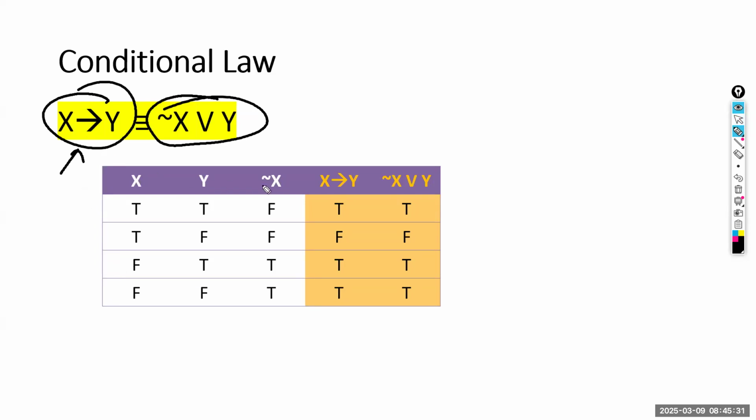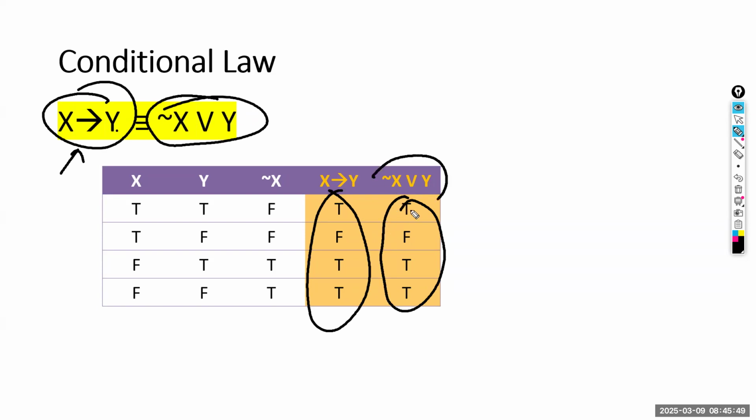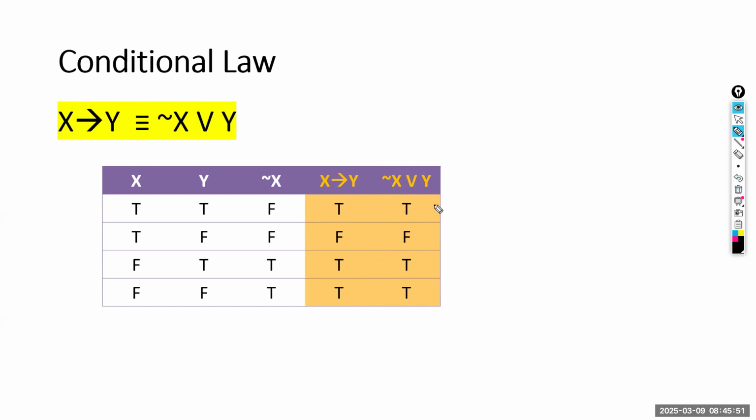If you assume the truth table for X implies Y is this, you will find that the same truth table is there for not X or Y. If you create the truth table for not X or Y, you will get the exact same truth values. So we can say that these two statements are logically equivalent.